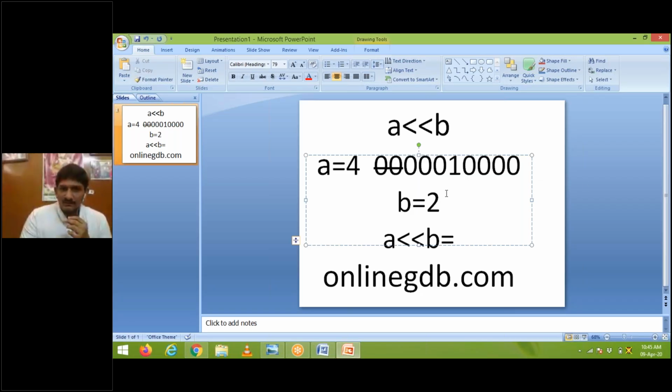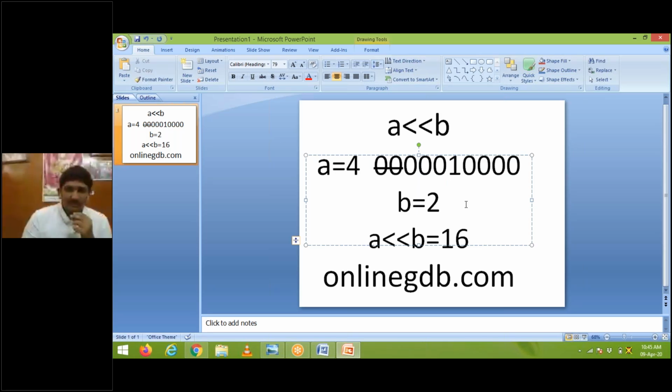So what is the value of this one? That means 0001 0000. These are 2 power 0, 2 power 1, 2 square, 2 cube, 2 power 4. What is the value of 2 power 4? 16. That means the answer is 16.